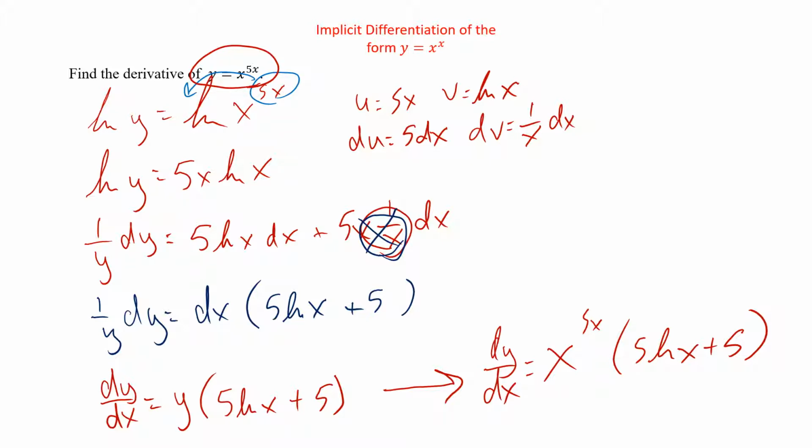So it shouldn't surprise us too much that the original function was back in this function, being that when we have a number to the x, that happens. You can actually find a formula for this where you don't have to do implicit every time, but based on what you have and the chain rule for both parts, it gets kind of messy.